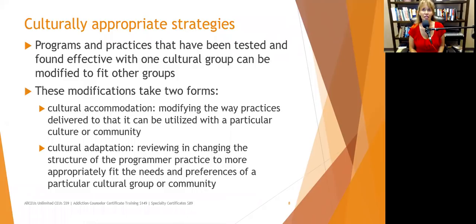Cultural adaptation involves reviewing and changing the structure of the program or practice to more appropriately fit the needs and preferences of the particular cultural group or community. So in some treatment programs, maybe a goal is to integrate the nuclear family. And in some cultures, the nuclear family is not necessarily that important. So we want to look and see, what goals does this program have and what goals does this individual have?